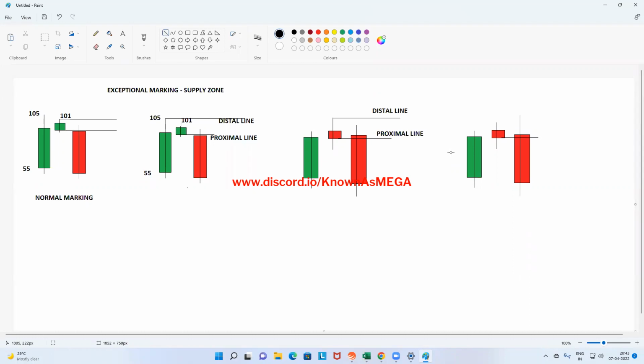That is when your zone becomes invalid. You have marked a demand zone, but until when? That is the next concept you are going to learn. If your demand zone or supply zone is breached by a new candle, a new price action, then that zone becomes invalid. So what you are learning is the highest probability. It is not a 100% possibility.